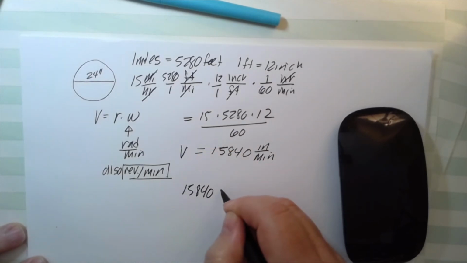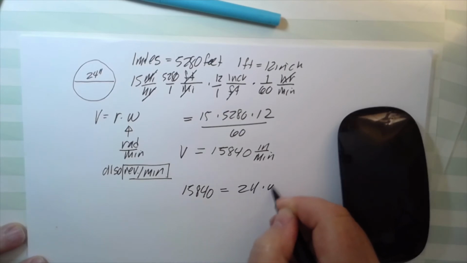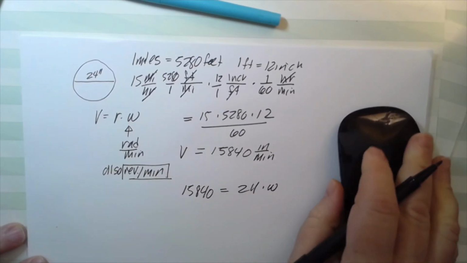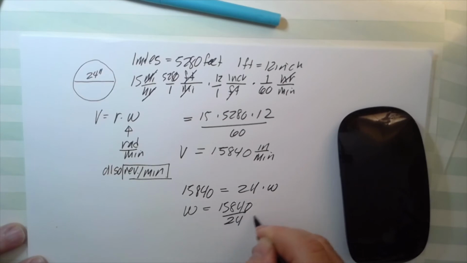So we get 15,840 is equal to 24 times omega. So now I just divide by 24. So this gives me 15,840 divided by 24.